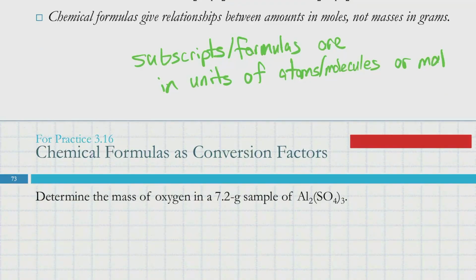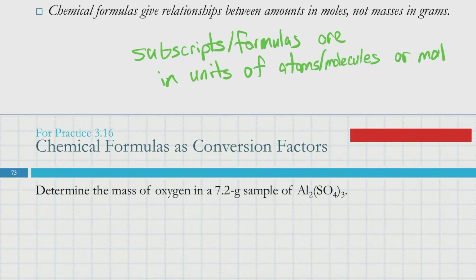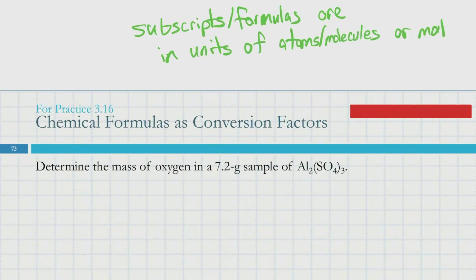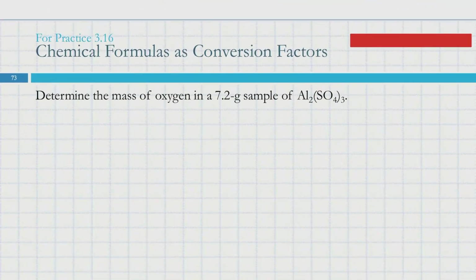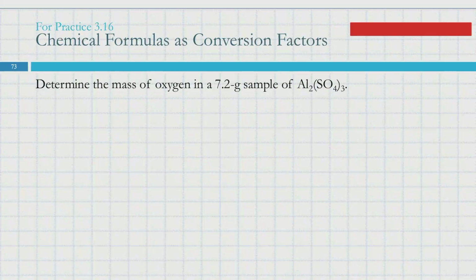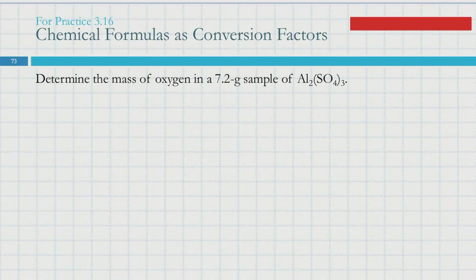So if we are working with things in grams, as we often are, because we can measure grams on a scale, like in our balance room, we'll often have to do some conversions. So in this question, we want to find the mass of oxygen in a 7.2 gram sample of this compound, aluminum sulfate.